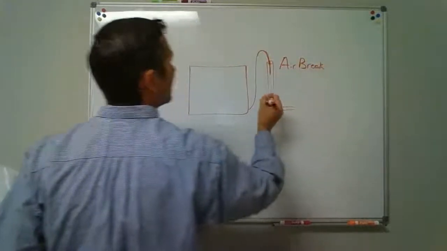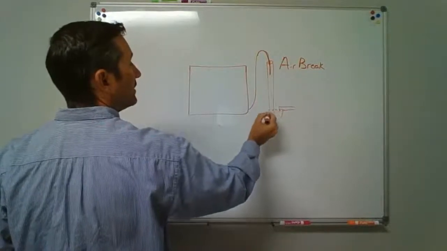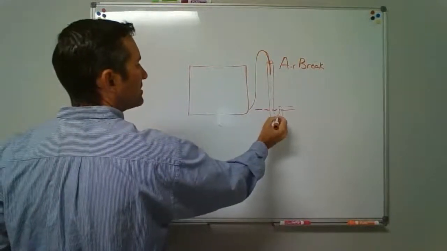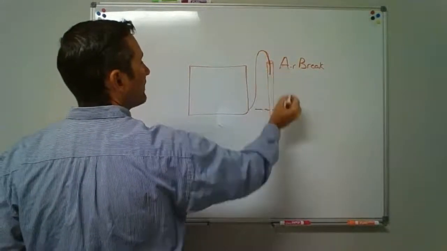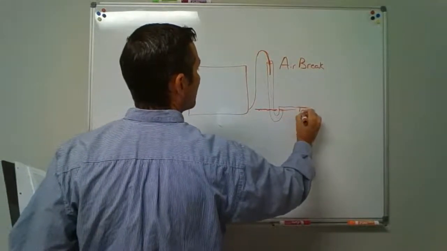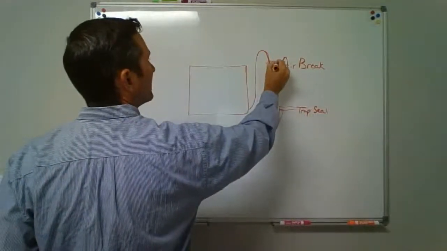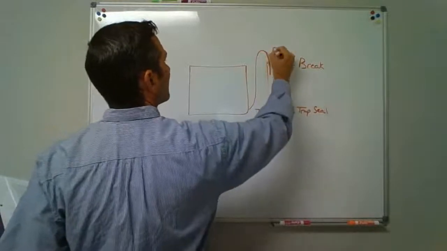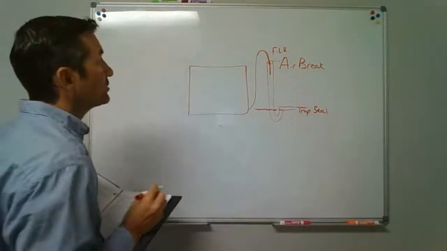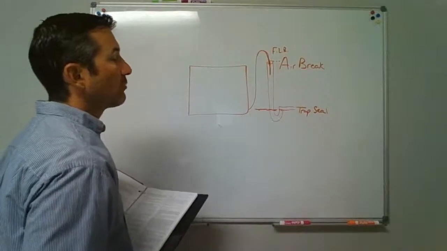And what that is doing, this indirect waste pipe is discharged above the trap seal here, but below the flood level rim. So right here where the weir is, that's the beginning of the trap seal. And then the top where it's going to flood, the FLR, flood level rim. Okay, so when it discharges below the flood level rim but above the trap seal, we call that an air break.